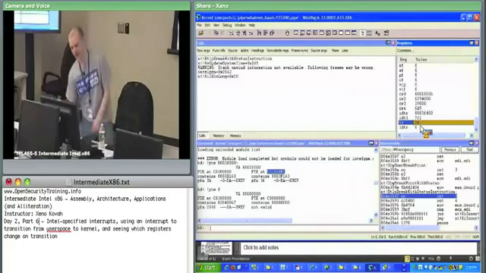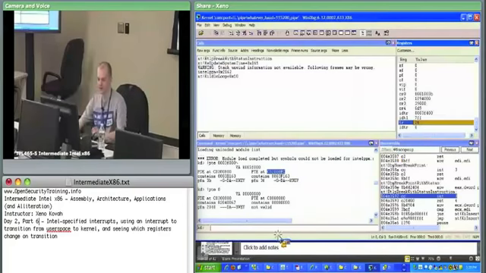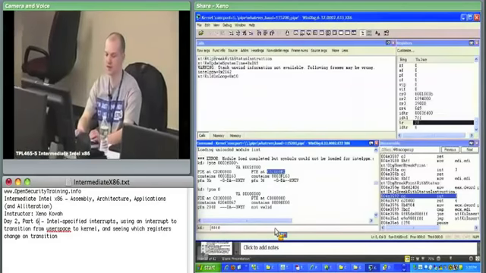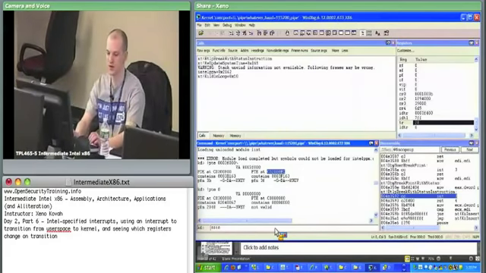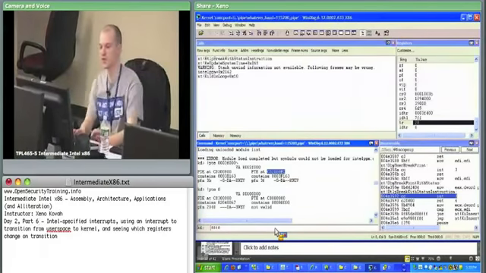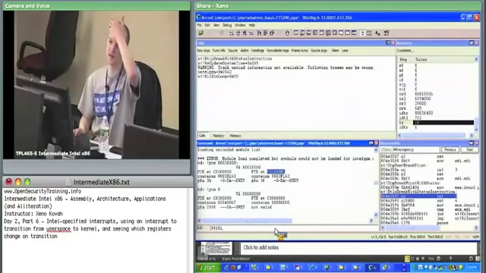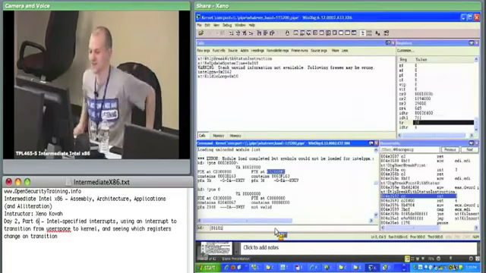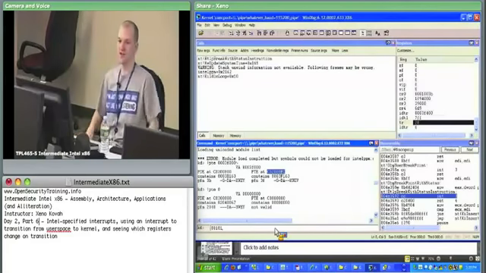What is 2? 0, 0, 1, 0. What is 8? 1, 0, 0, 0, but I don't care about those last 3 bits. What is 1, 0, 1? That is 5. Yes. Index 5 in the GDT.